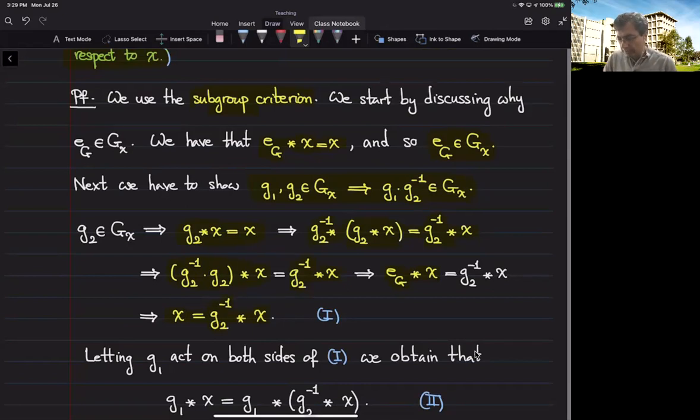I want to show that G1, G2 inverse fixes the point X.